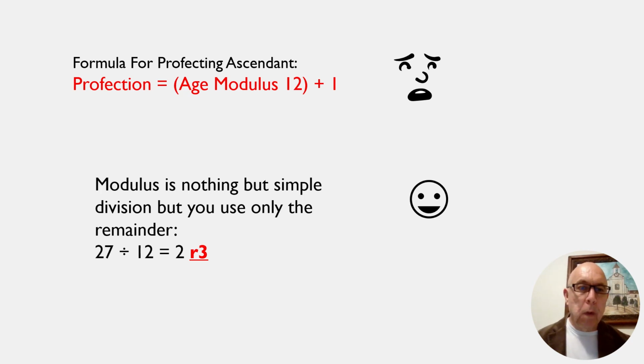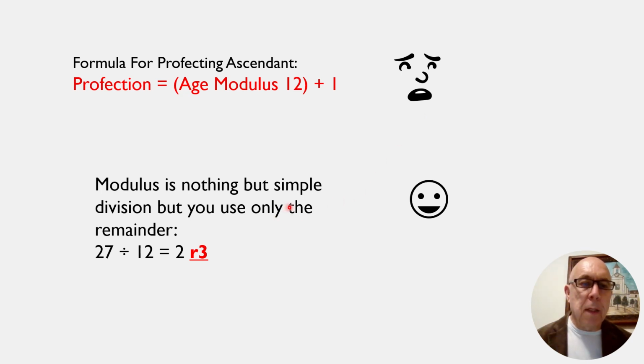All right, so here is the formula that we'll be using for perfecting the ascendant. It goes: perfection equals, in parentheses, age modulus 12, plus 1. Now, for those of you who are math phobic, this might look very scary, but believe me, it's not.